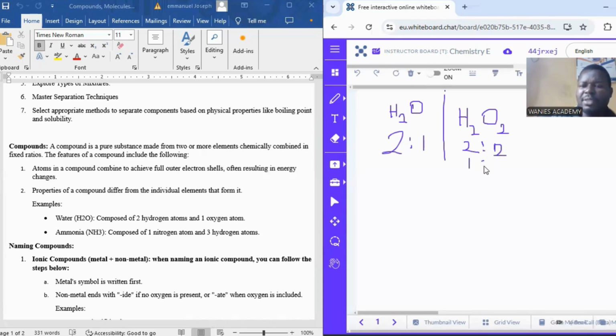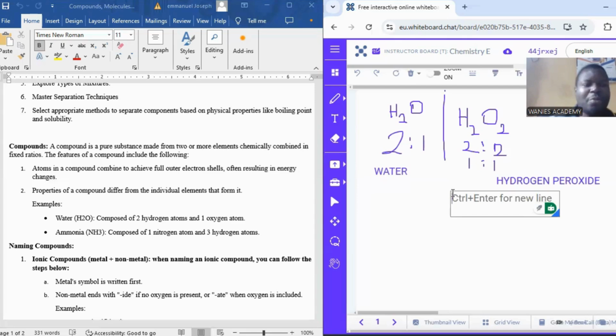So this is not water, regardless of the fact that they have the same set of elements, but the proportion in which they combine is not the same. So this is water, which is a compound on its own, and this is hydrogen peroxide, which is another compound on its own.